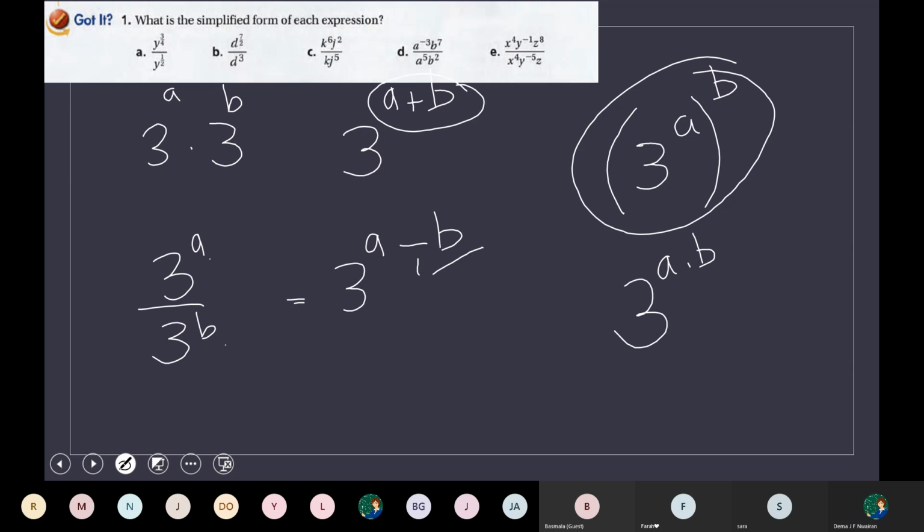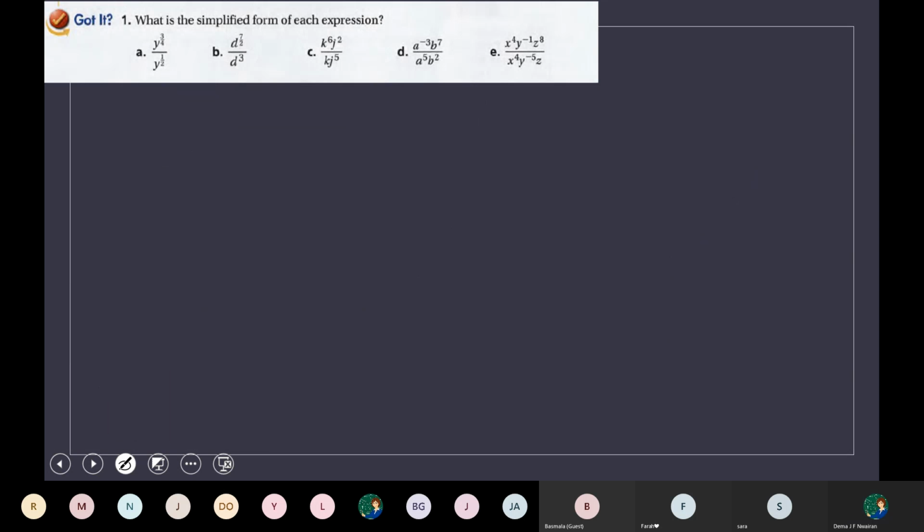Now, what else do I want to tell you? If you have negative 3 squared, or 3 squared, it's like this, or like this.